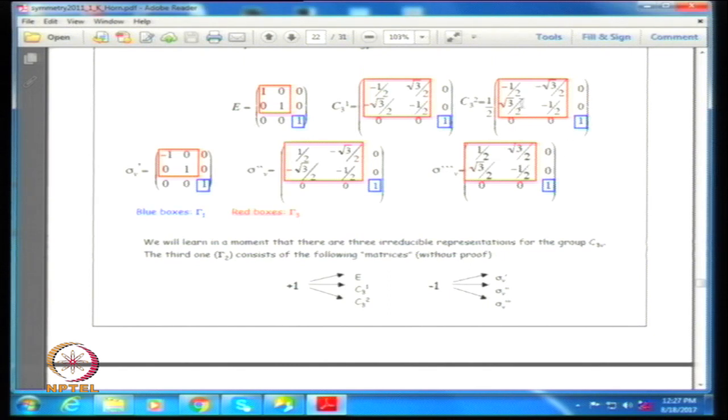The character of these two is equal to minus 1. Sorry, minus 1, and there is an overall half. I think this factor of half outside is not correct, since there is already a minus half inside. So the trace of this is equal to minus 1 plus 1.